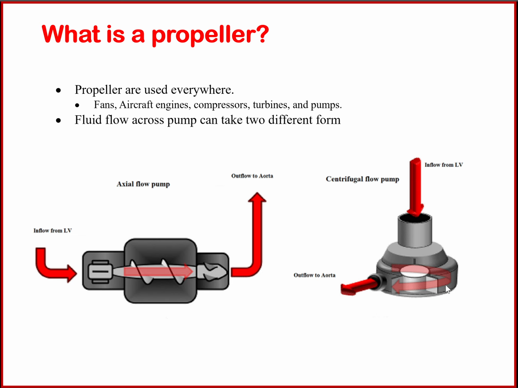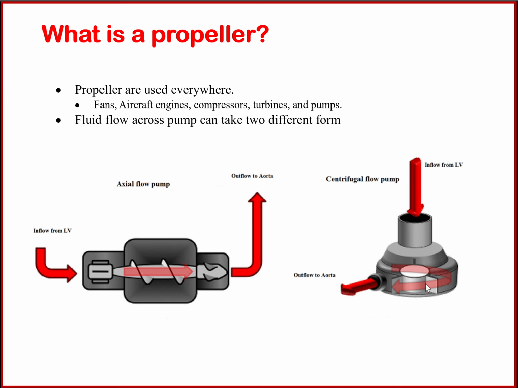Propellers are used everywhere. They're used in fans, aircraft engines, compressors, turbines, and pumps, as you can see here in the two examples of an axial flow pump and a centrifugal flow pump. The difference between the two is that they use different types of propellers, but one changes the direction of the flow as well as adding energy to it.